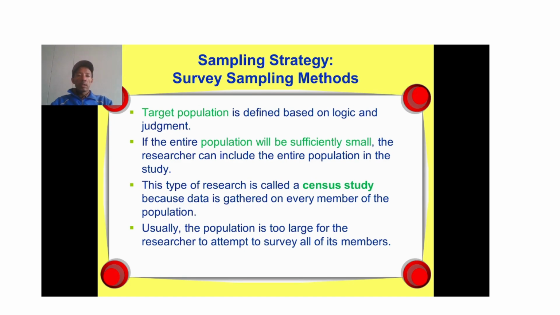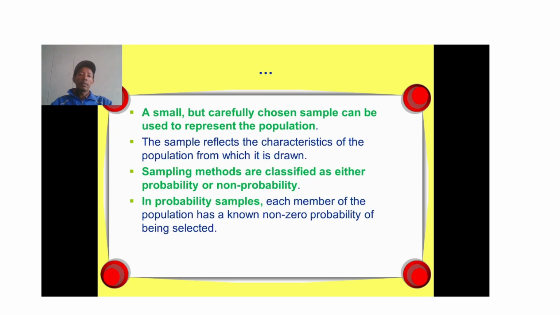Sometimes the entire population may be small. In that case, we can take the whole population as our sample, and we call this a census study because we gather data on every member of the population. But most of the time, the population will be too large for researchers to attempt to survey all of its members.